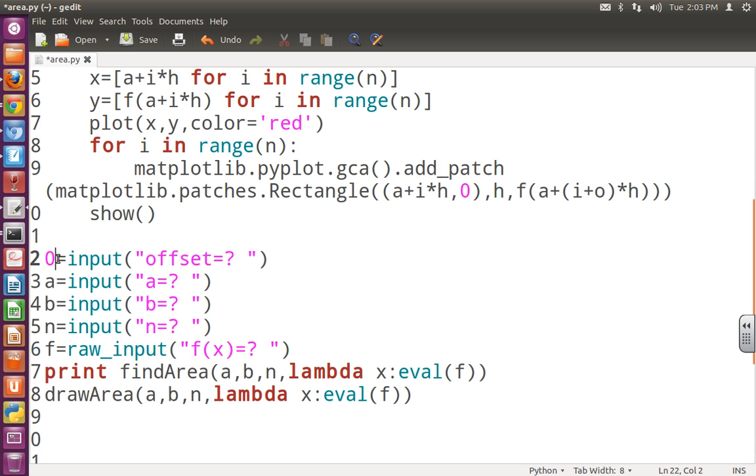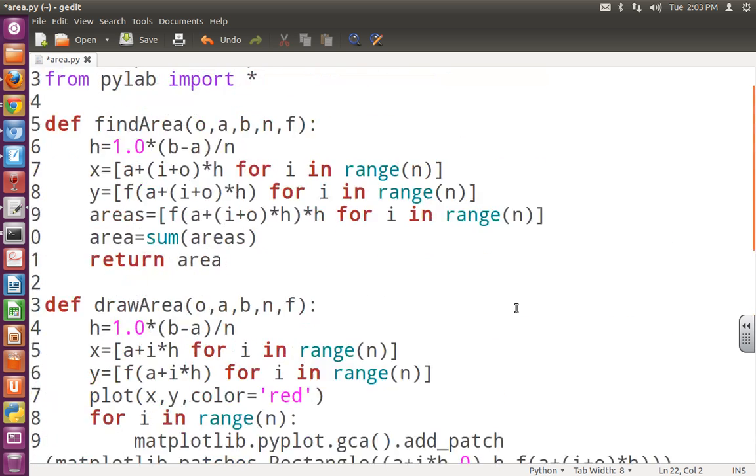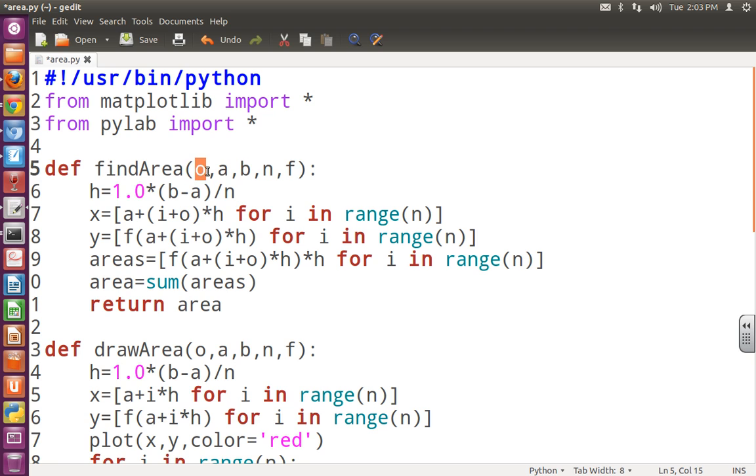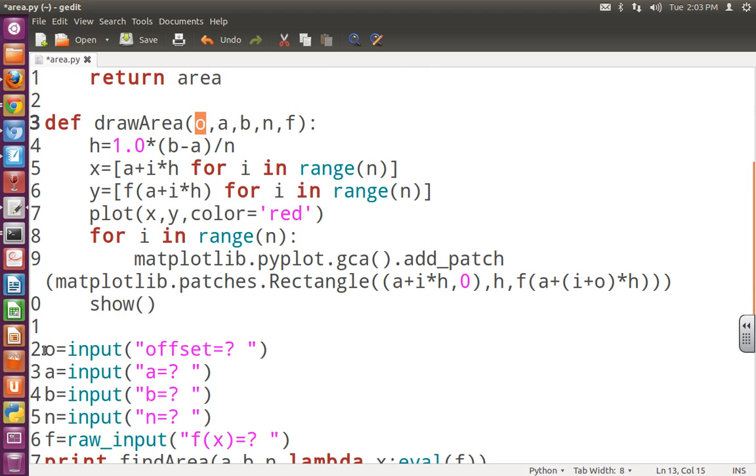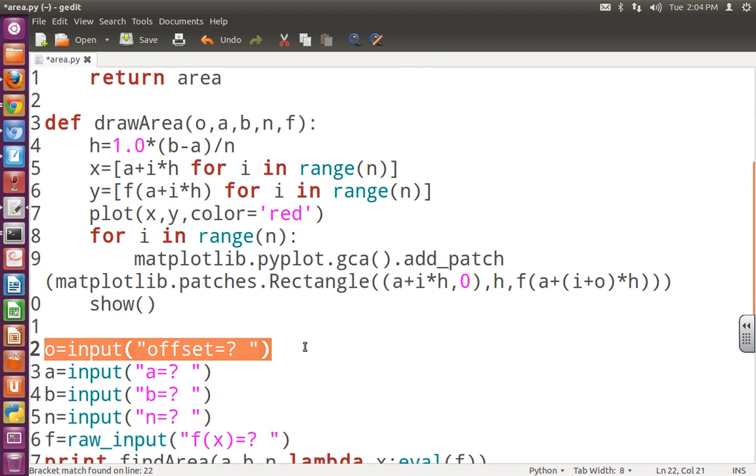Oh, it's an O. Whoops. Okay. All right. So I put an O here, I put an O here, and I input the O here. Okay.